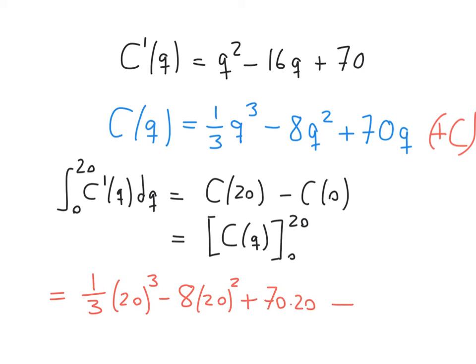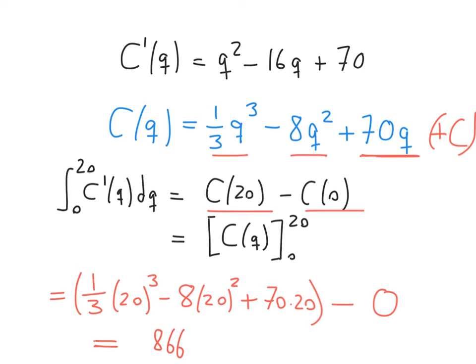And then minus C of 0, right? But if I plug in 0, I get 0 for each of these expressions, so this would be just minus 0. So all I need to do now is compute this. So this would be 866 2/3.